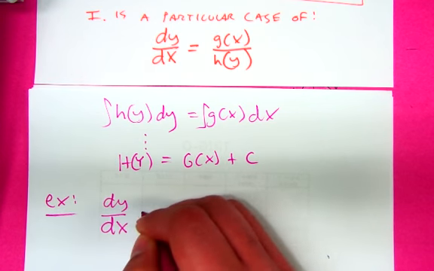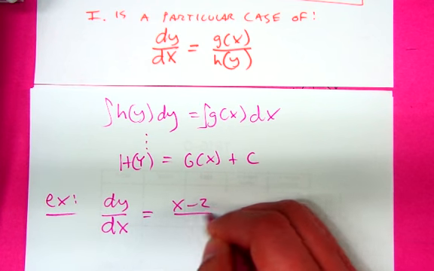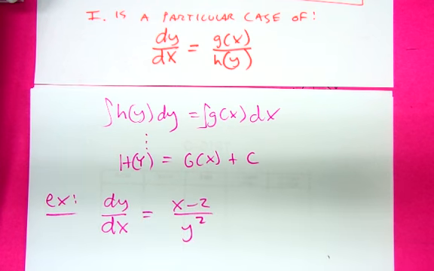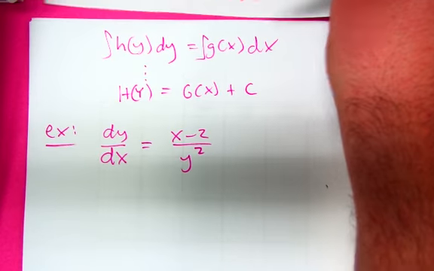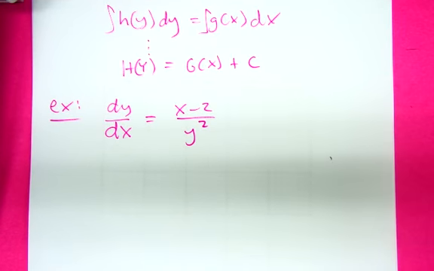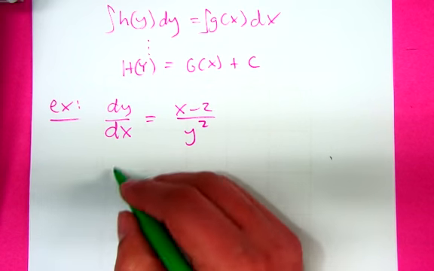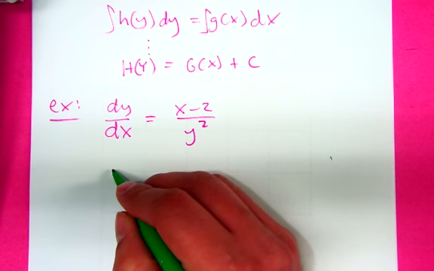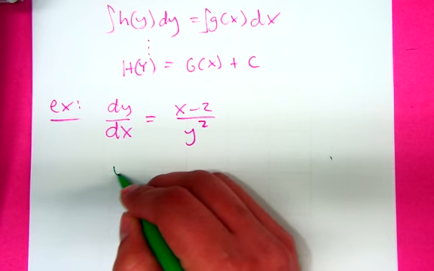Let's say dy/dx equals x minus 2 over y squared. The next step should look like integral of y squared dy equals integral of x minus 2 dx.